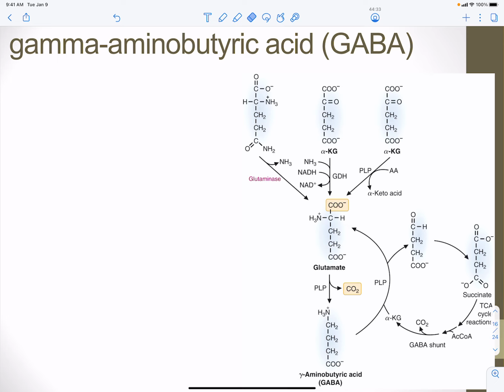So again, we have GABA, gamma-aminobutyric acid, and this is an inhibitory neurotransmitter. This one has many roles in neurologic and psychiatric disorders.